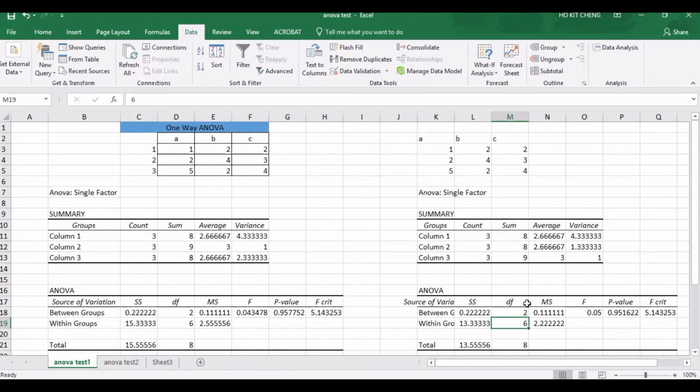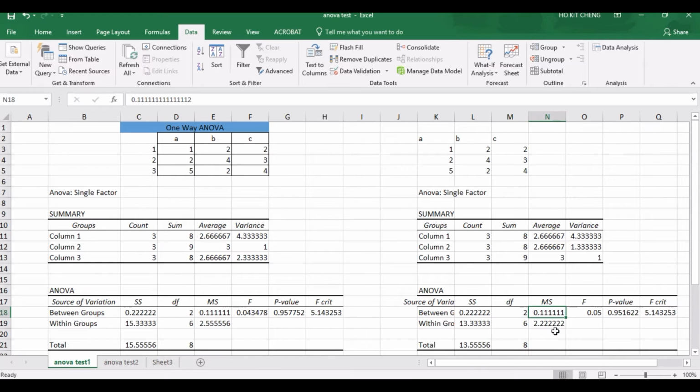In each group of data there are 3 data, so if I minus 1, that will be 2, and since there are 3 groups in total, we get 6 degrees of freedom within the groups. And here the total is 2 plus 6 equal to 8.